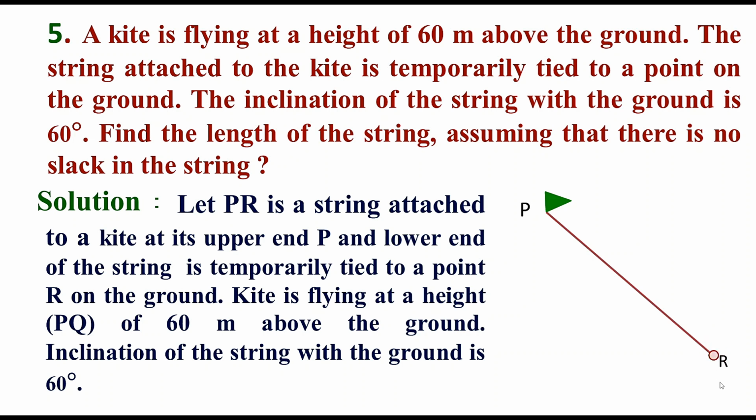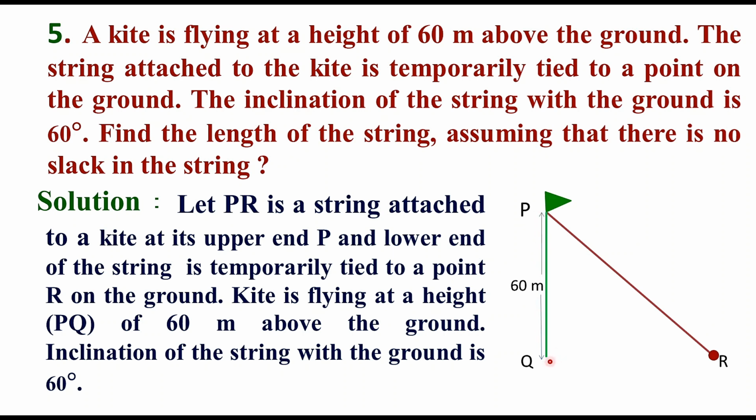You can see a point R is blinking here. So the lower end of the string is temporarily tied to the point R. Kite is flying at a height of 60 meter above from the ground.